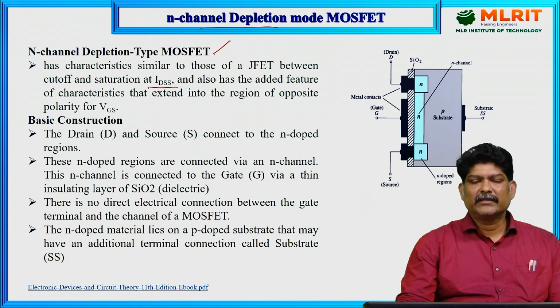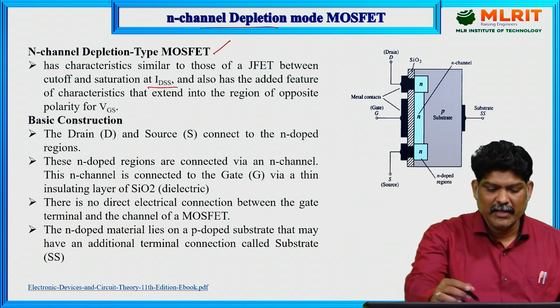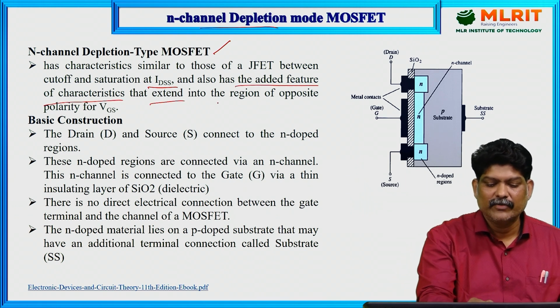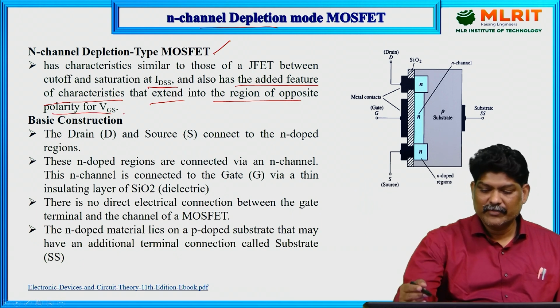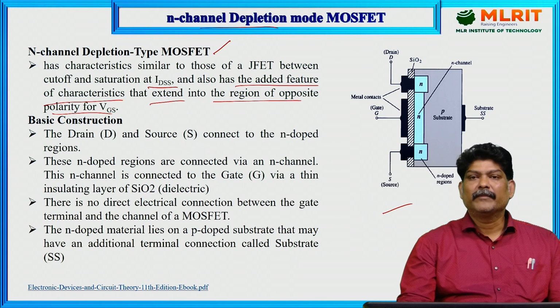The drain current reaches the saturation level, and it also has the added feature of characteristics that extend into the region of opposite polarity of VGS.